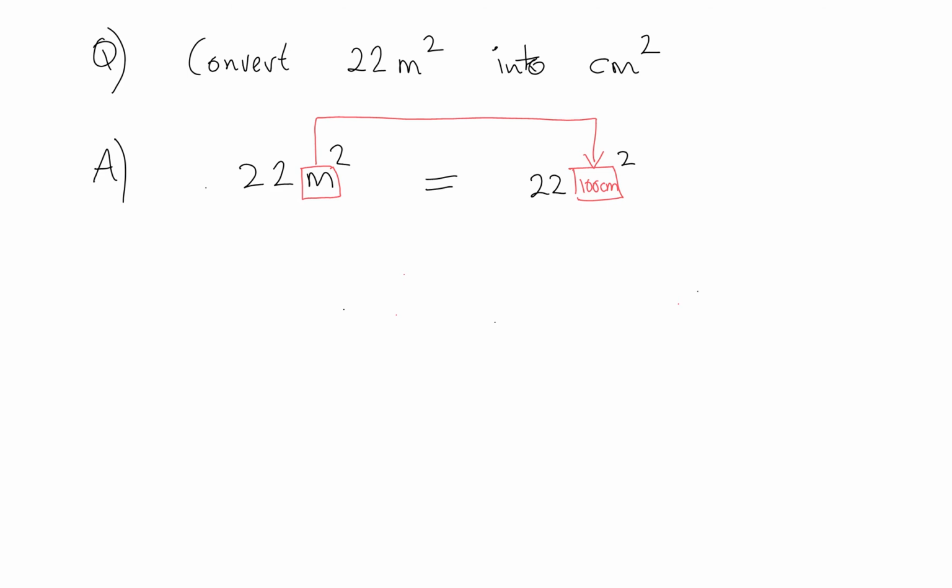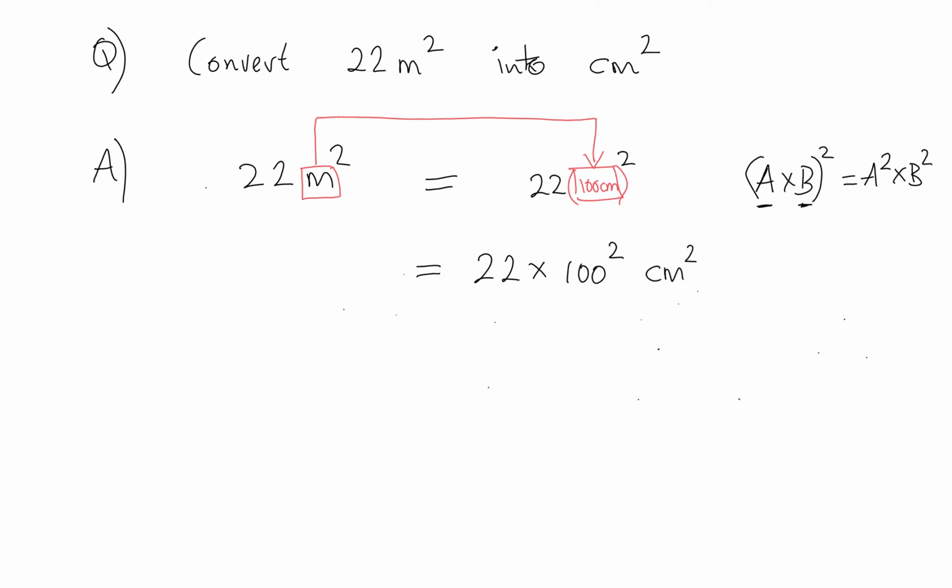Now the thing is that whole box on the right hand side here is being squared, so really what we need is a bracket around there. So the next thing we're going to do is to multiply this bracket out. Remember that any two quantities, a times b, and if you square that, then this is a squared times b squared. So you take the a and square that, and you take the b and you square that. So this 22 is still there. Then you take the 100 and you square it, and then you take the centimetre and you square it.